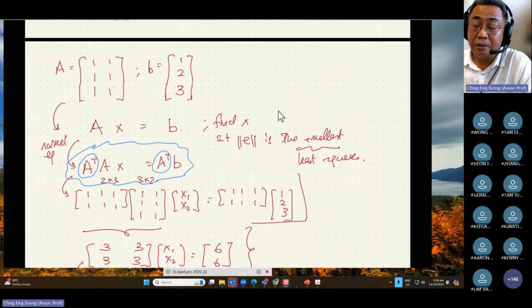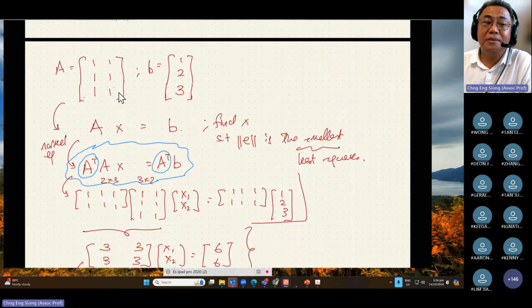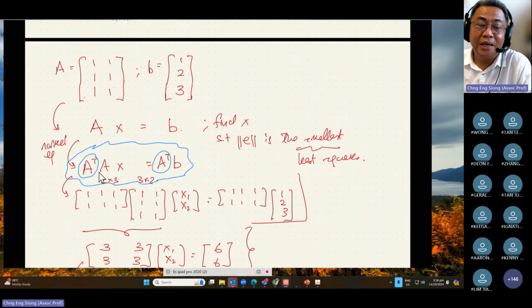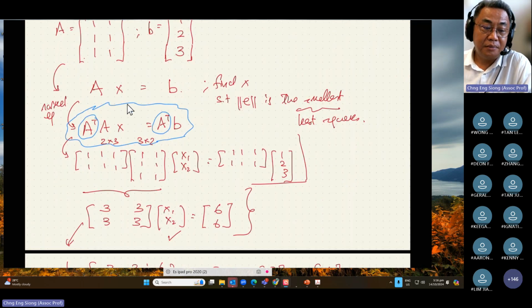The first example is the trick example. The trick example is I give you an A that is tall, very nice, but unfortunately the columns of A are dependent. And when you work it out, A transpose A is not invertible, primarily because the columns are dependent. So there is no way I can perform A transpose A inverse.